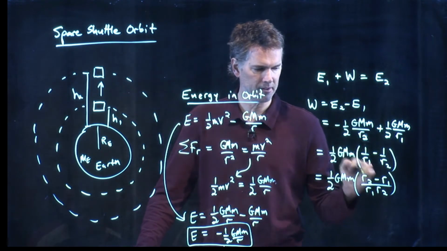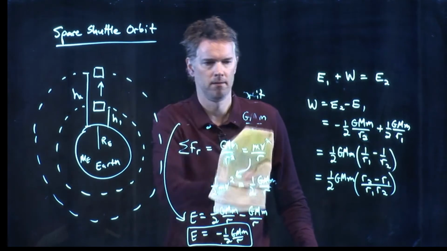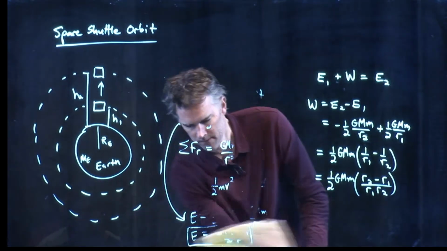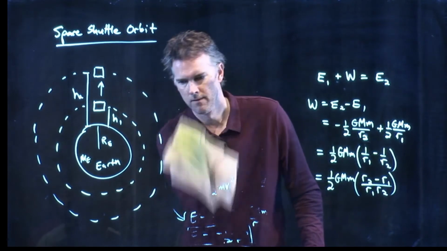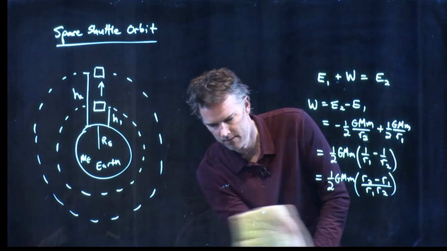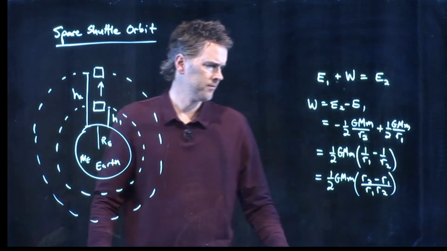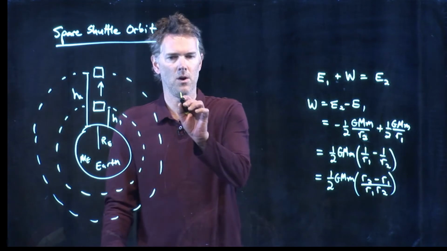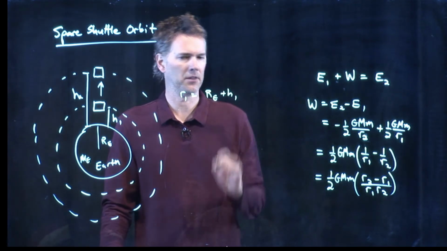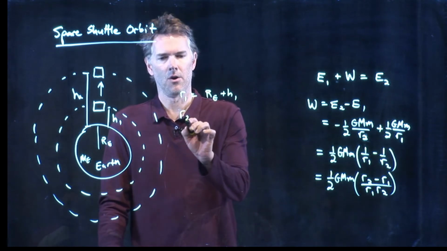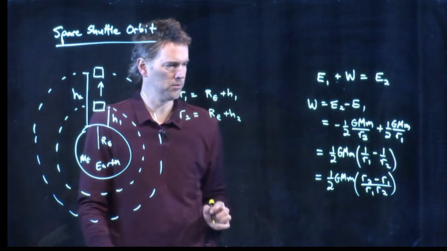It's always the distance from the center of the Earth. So R1 is going to be R of the Earth plus H1, and R2 is R of the Earth plus H2.